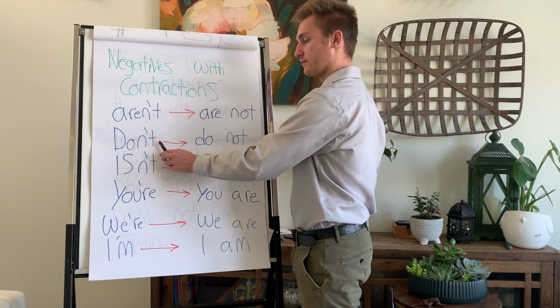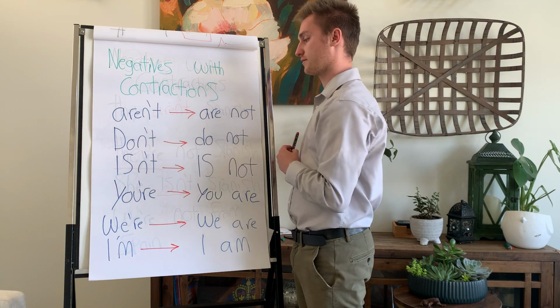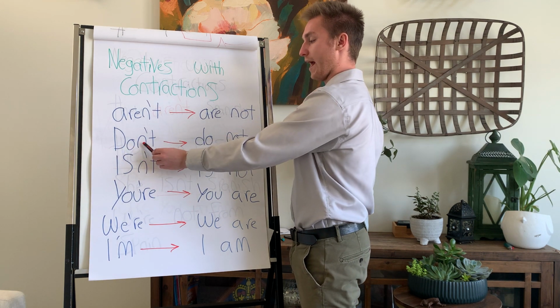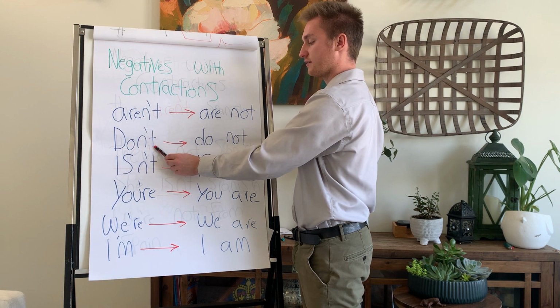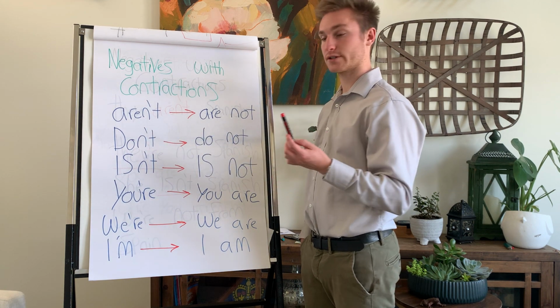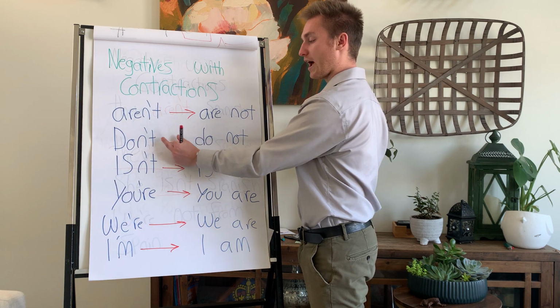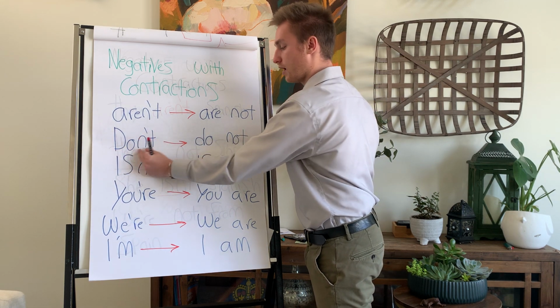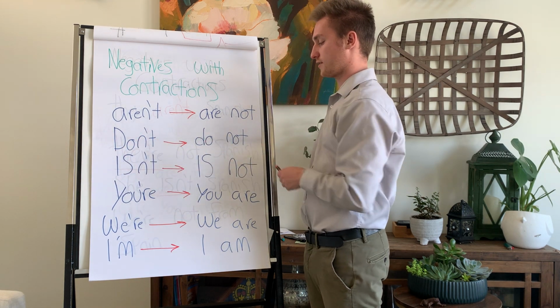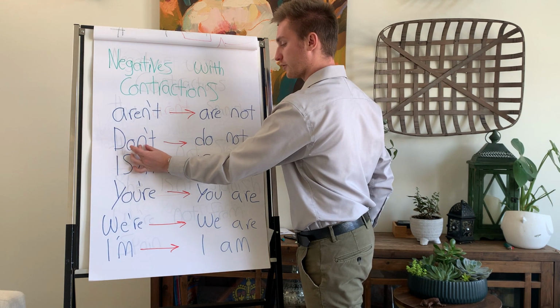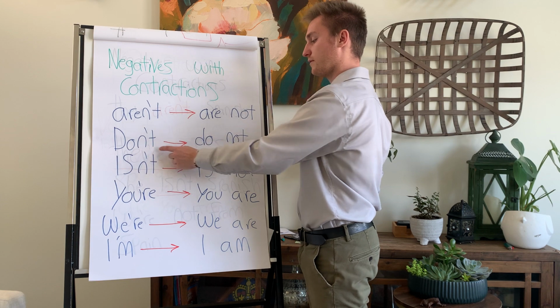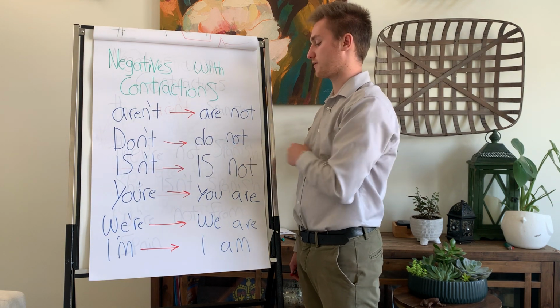The next one, don't. D-O-N apostrophe T. Now, don't is the contracted form of do not. The big version and the smaller version. Don't is do not.